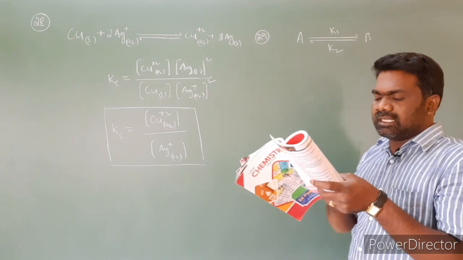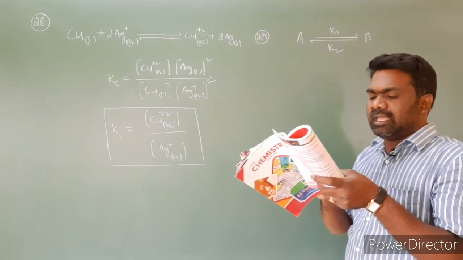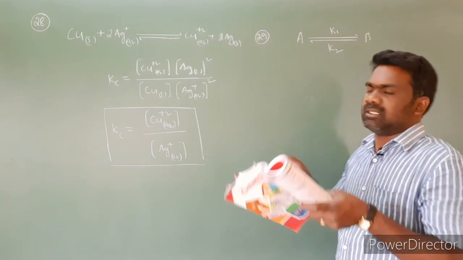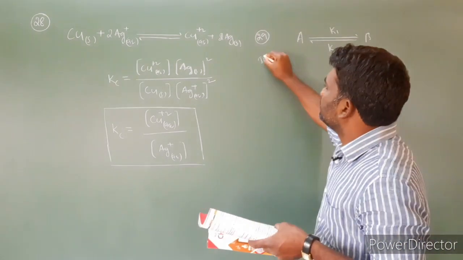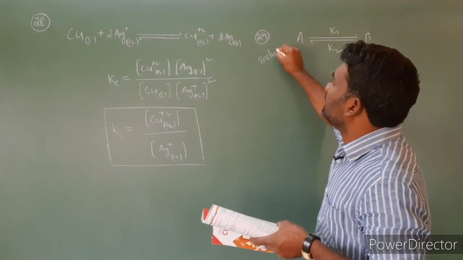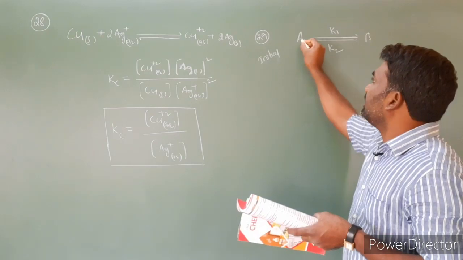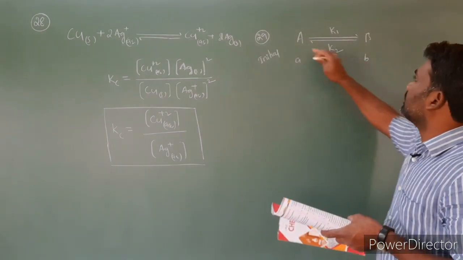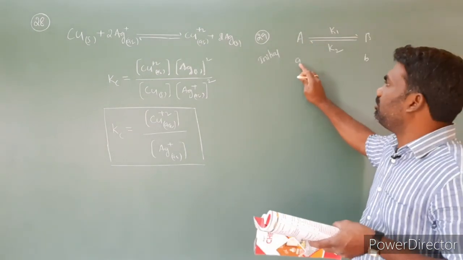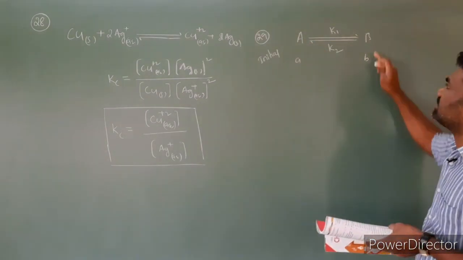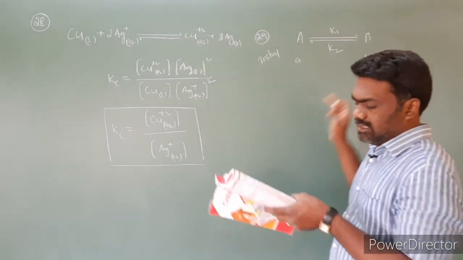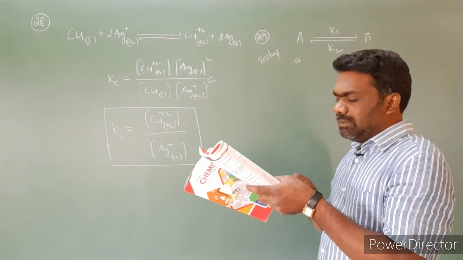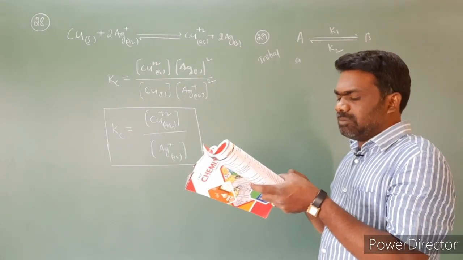The initial concentration of A is a mole per liter and the initial concentration of B is b mole per liter. Next, the equilibrium concentrations are a minus x and b plus x respectively.